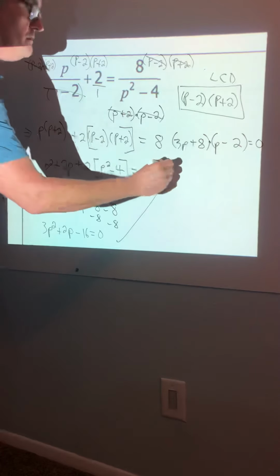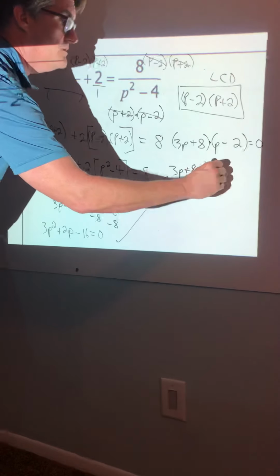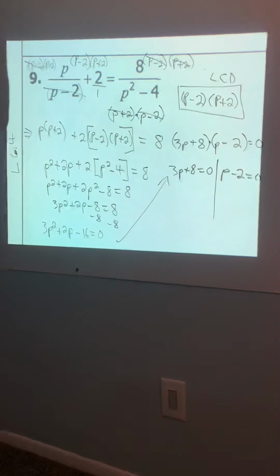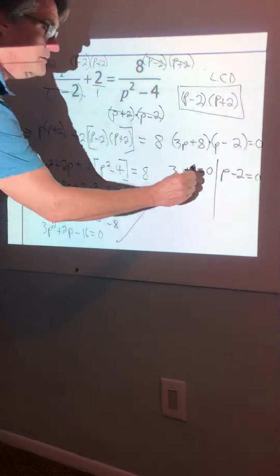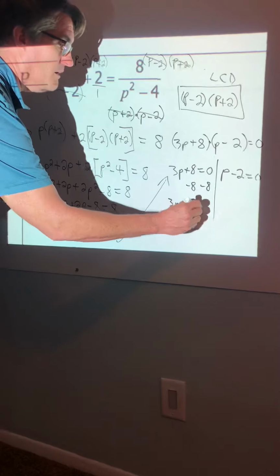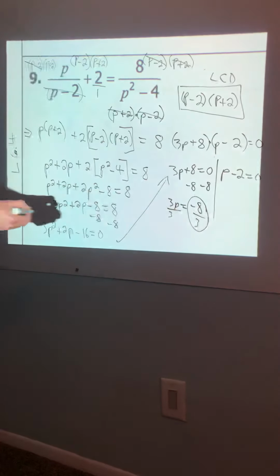Then once you're here, remember what to do? You take this factor and set it equal to 0, and you take this factor and you set it equal to 0. And then you're going to solve both of these equations. Wow, look how ugly this is. Holy smokes. All right, divide by 3, and you get negative 8/3.